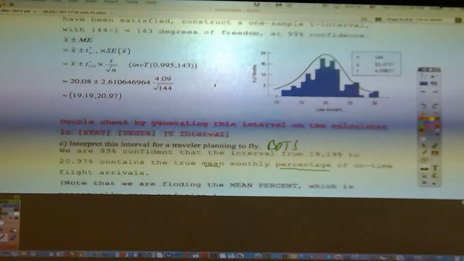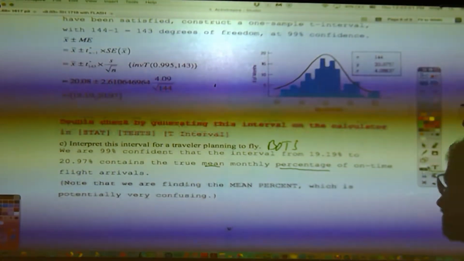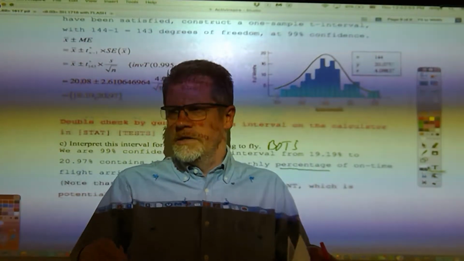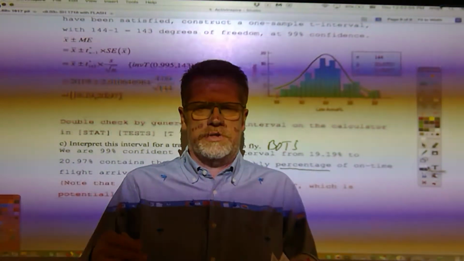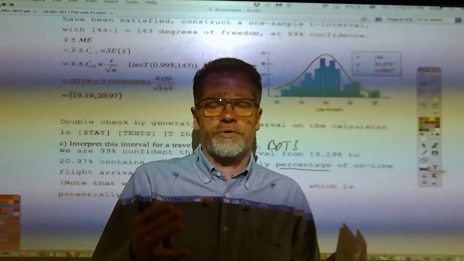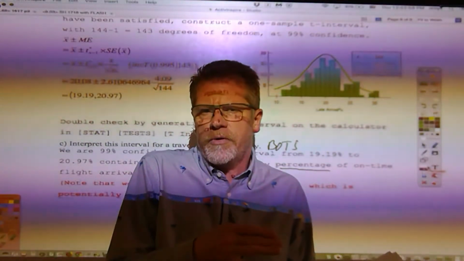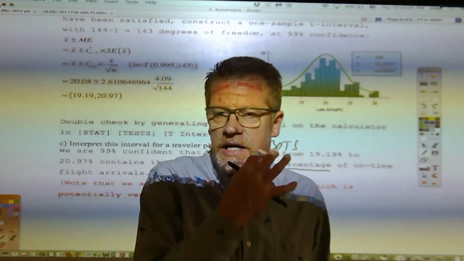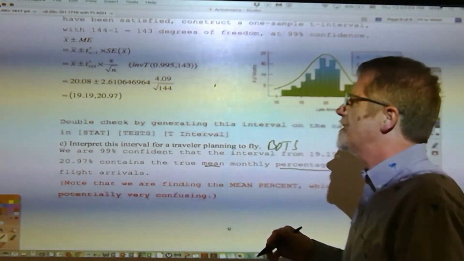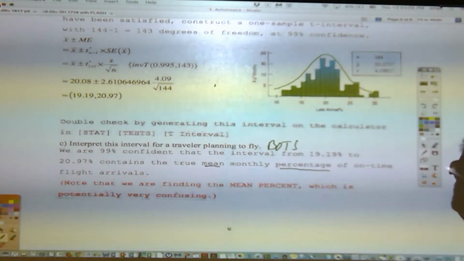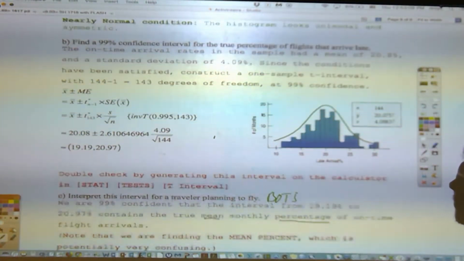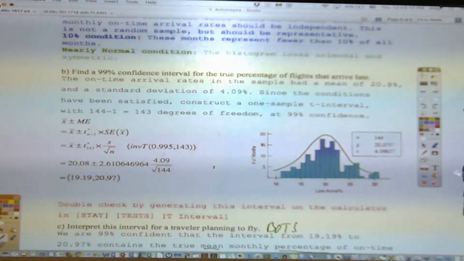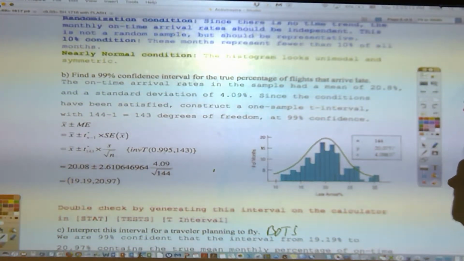Friends, this problem is messing with your mind because usually we say Z is for percentages or proportions. Z is for proportions. T is for means always. So notice what the mean is. It's the mean percentage on time arrival rate. What's the average percentage?